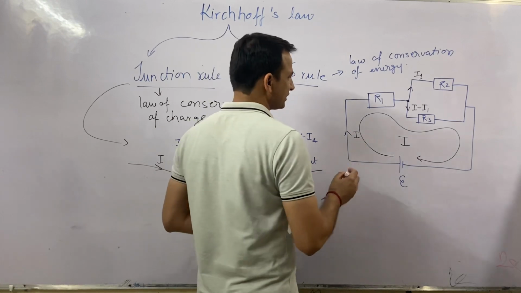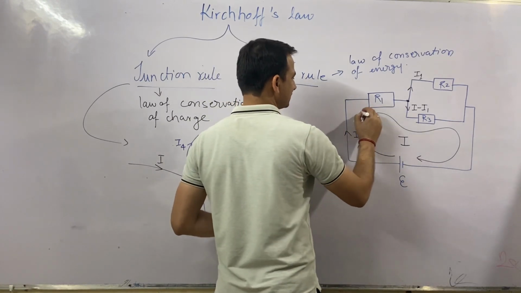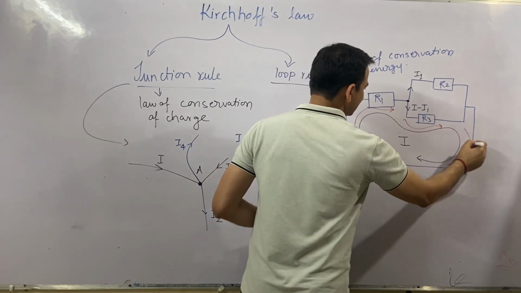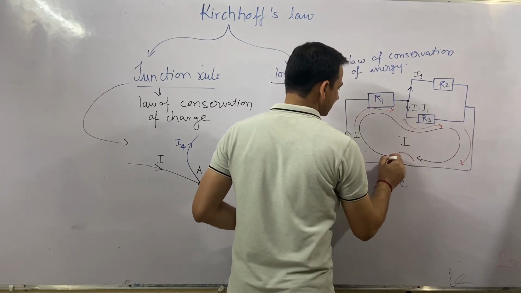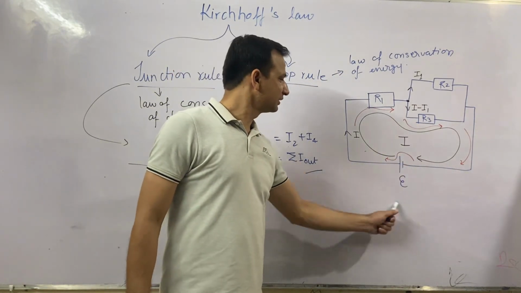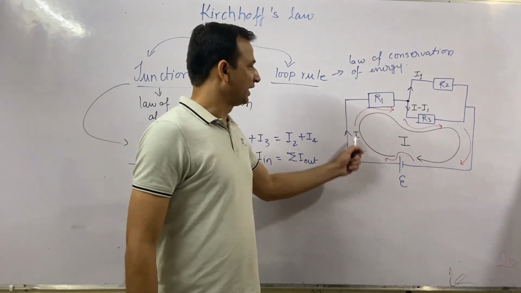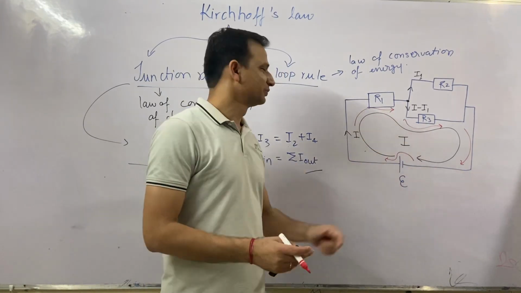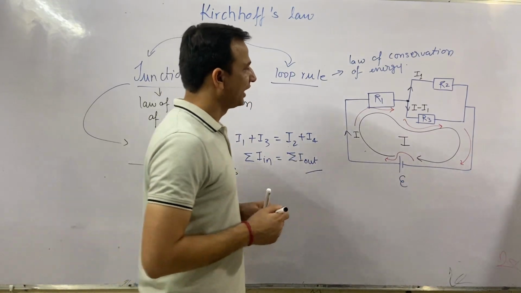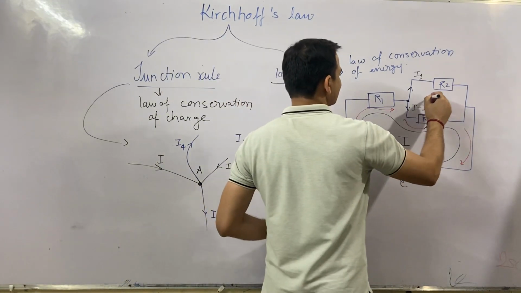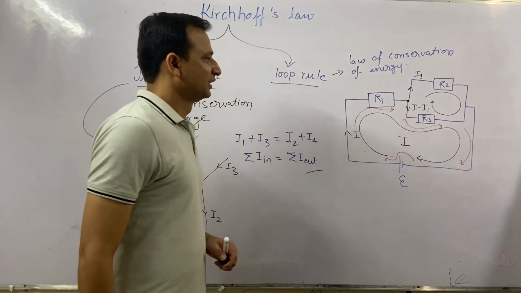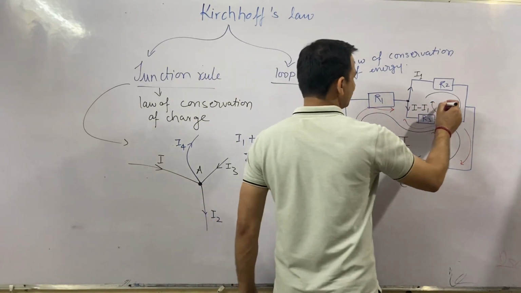One is this R1 and the other one is R3. Then this loop comes here, goes through this power supply of EMF epsilon, and this loop completes. We can take another closed path, and let's say this is our loop 2.